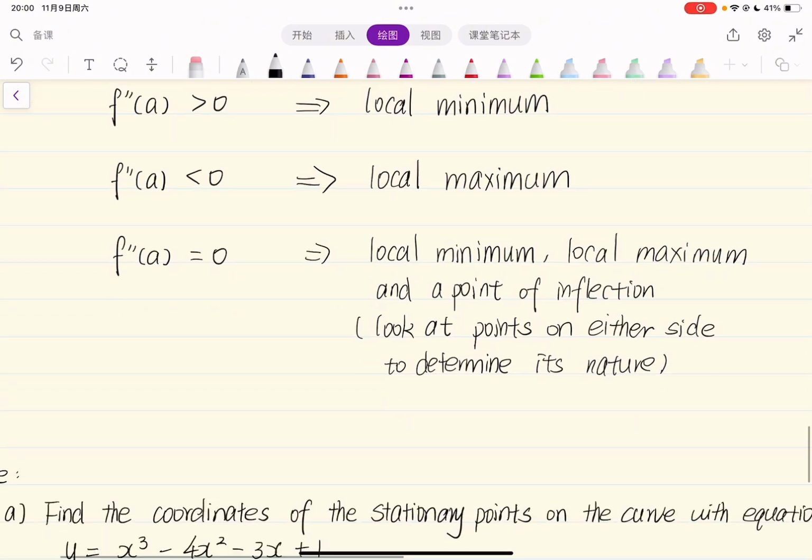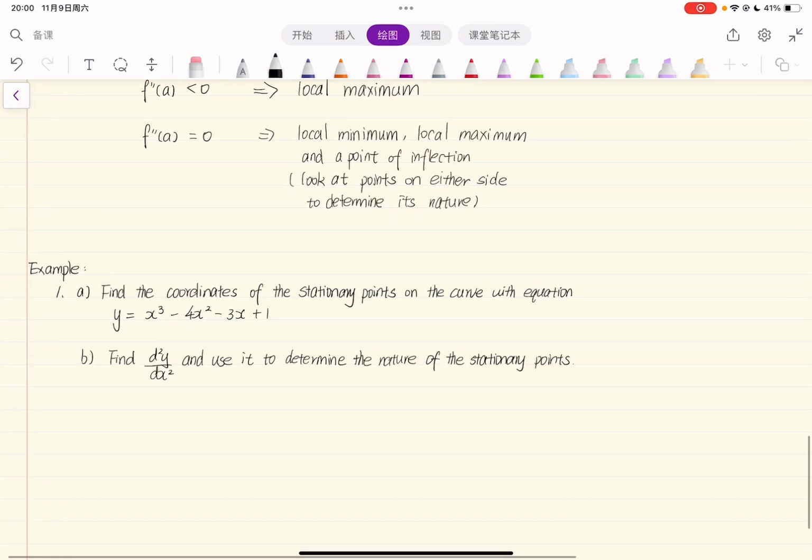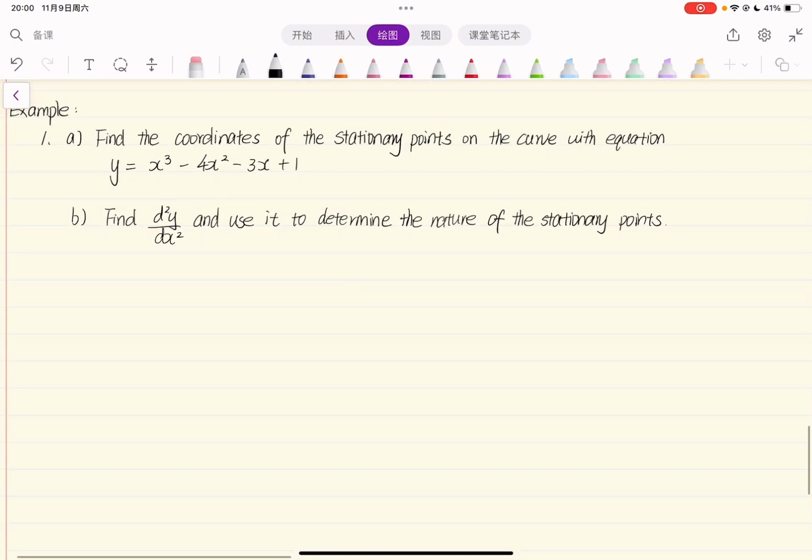Let's see example questions. Find the coordinates of the stationary points on the curve with equation y equals x cubed minus 4x squared minus 3x plus 1. Stationary points means that dy over dx equals 0, so we need to find the value of x when dy over dx equals 0.